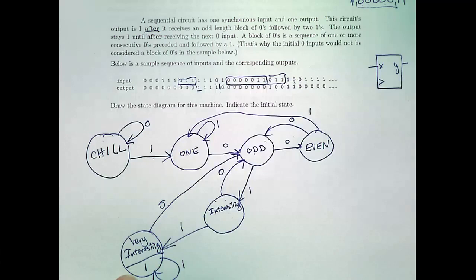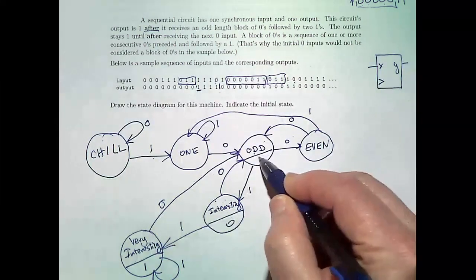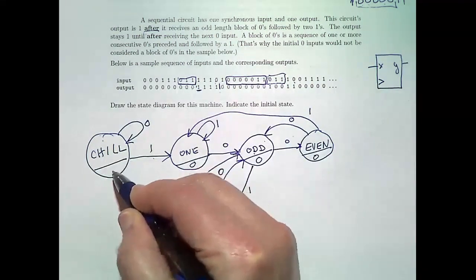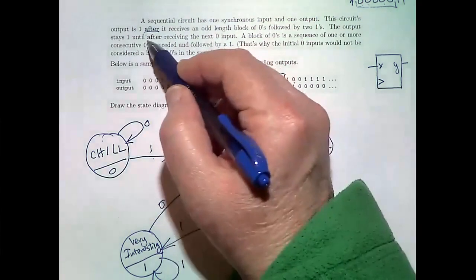Okay. How about the other states? They have outputs too, right? 0. Everybody else outputs 0. Okay? Any questions on this? Okay, so these keywords after, very important.